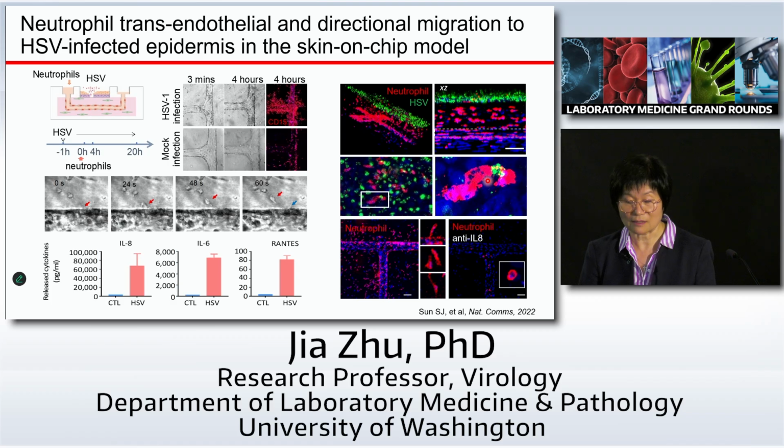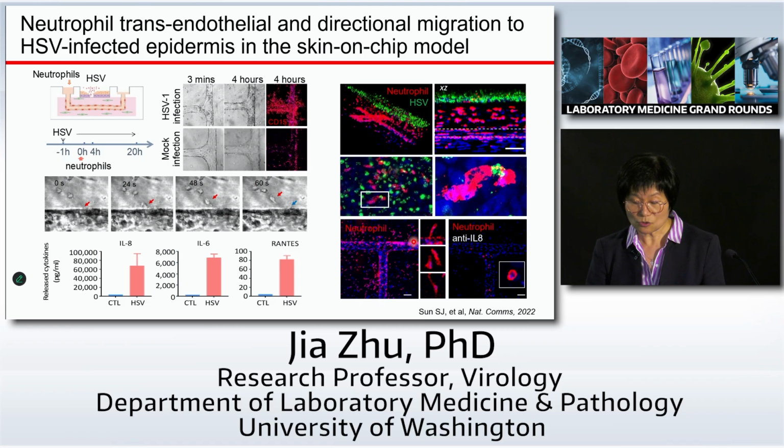viral infected cells. And we detect 3 cytokines. Among these 3 cytokines, IL-8 is the most abundant. So when we perfuse a neutralizing antibody against IL-8, we can completely abolish the neutrophil migration, extravasation, and their attachment.